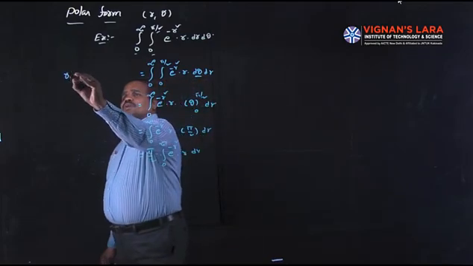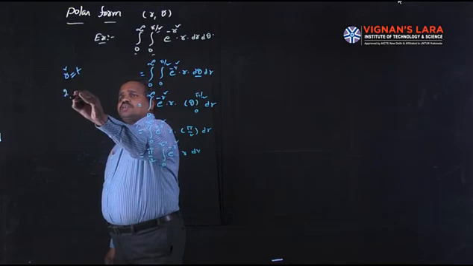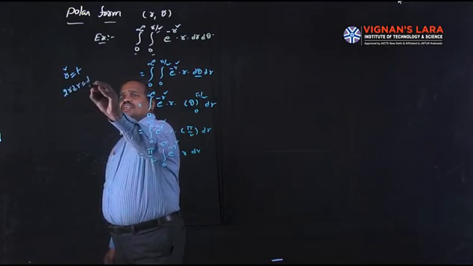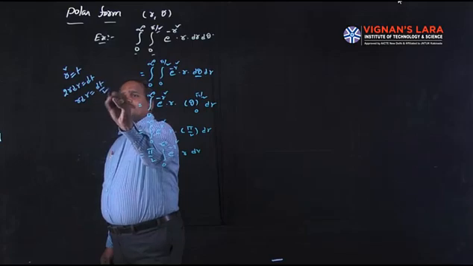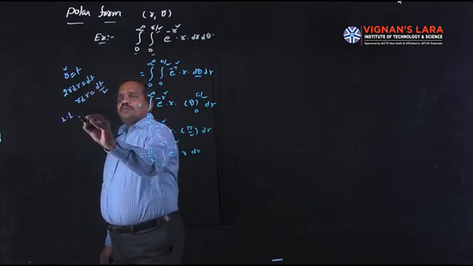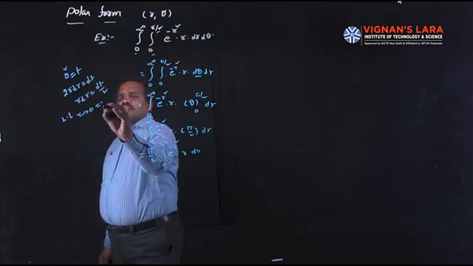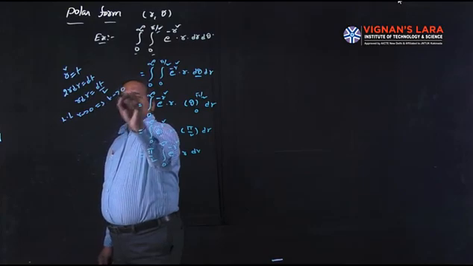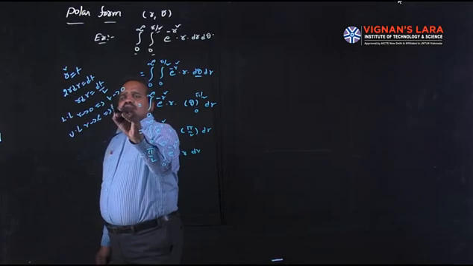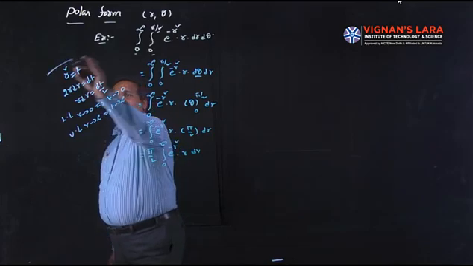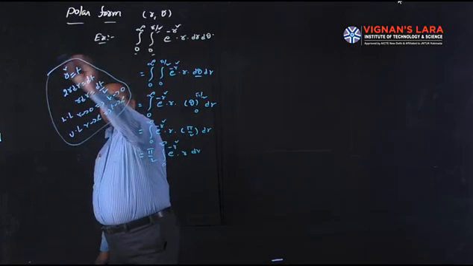So 2r dr is equal to dt, small r dr is equal to dt by 2. As lower limit r tends to 0, t reaches 0. Upper limit r reaches infinity, t reaches infinity.